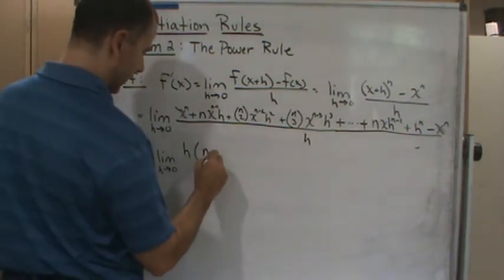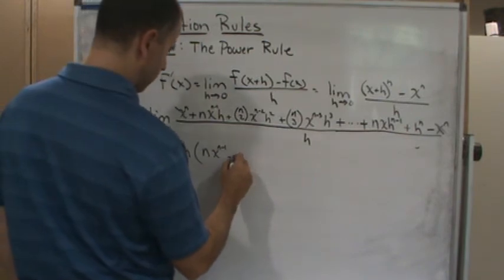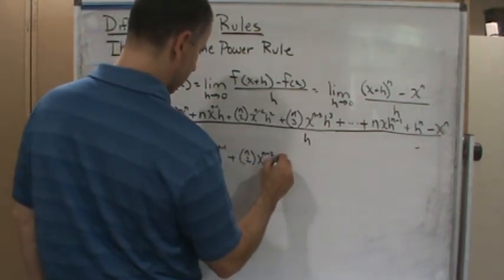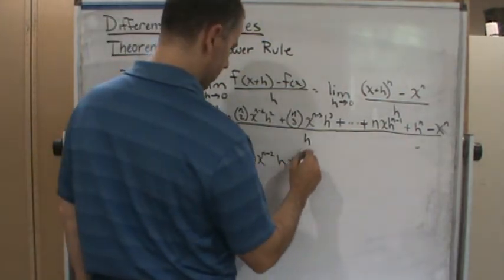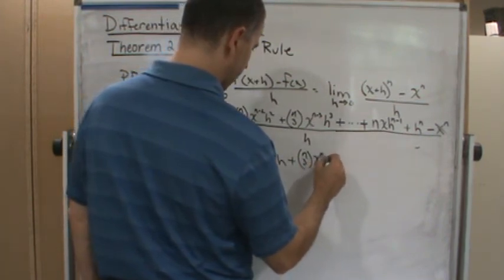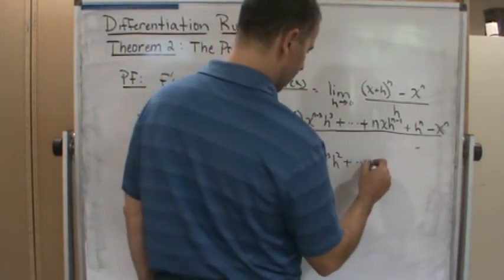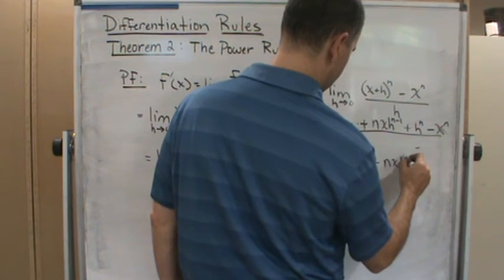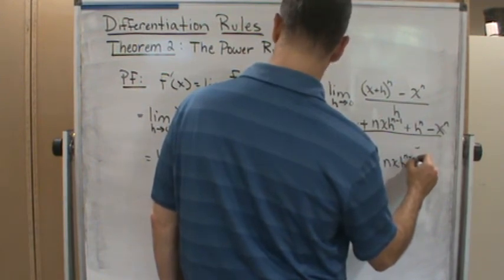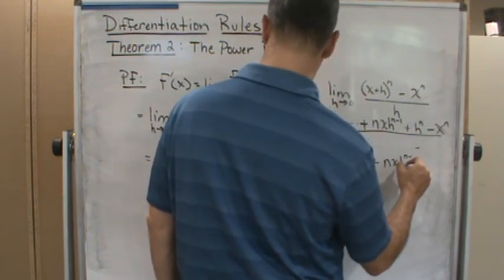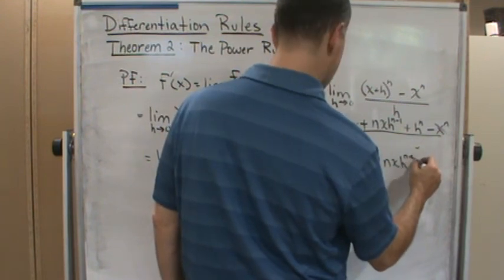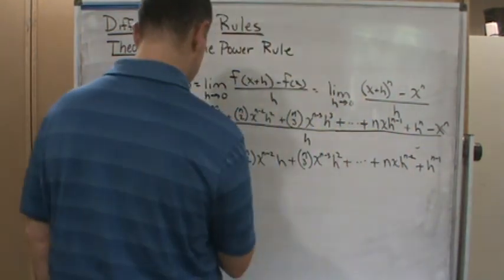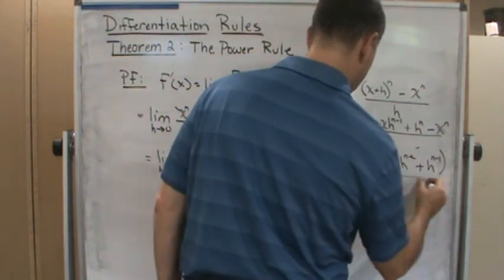So we're going to get n x to the n minus 1 plus n choose 2 x to the n minus 2 h plus n choose 3 x to the n minus 3 h squared plus, and so on, plus n x times h to the n minus 2, and then plus h to the n minus 1, all over h.